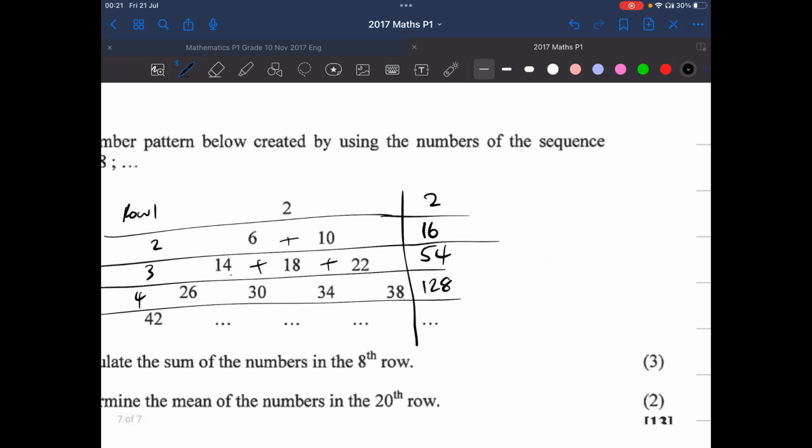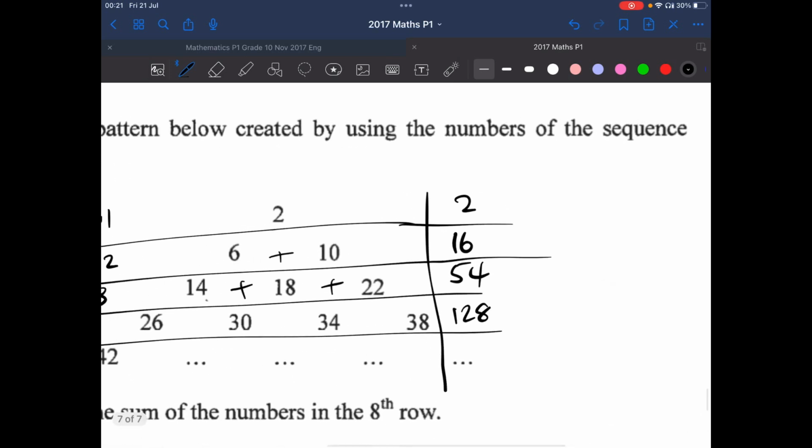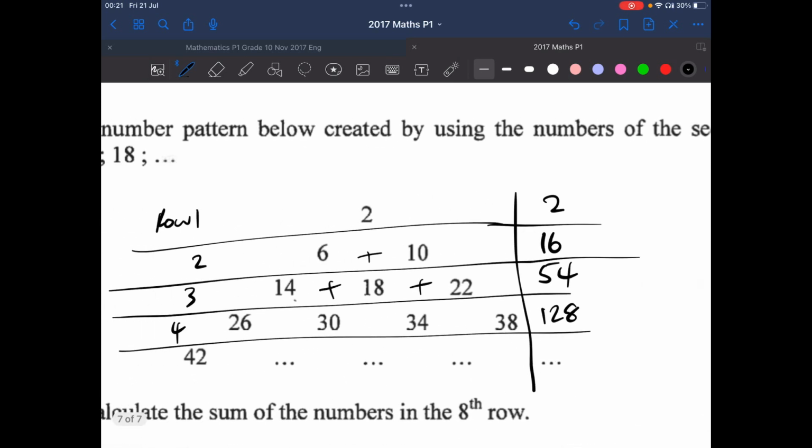If I look at row 1, I took this n number, so whichever row it was, I multiplied it by 2 and I cubed it.